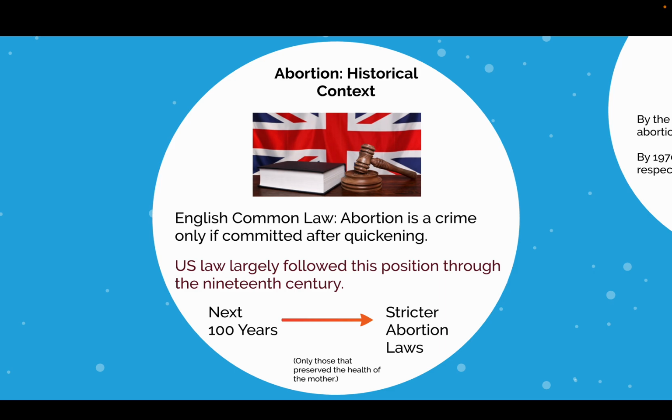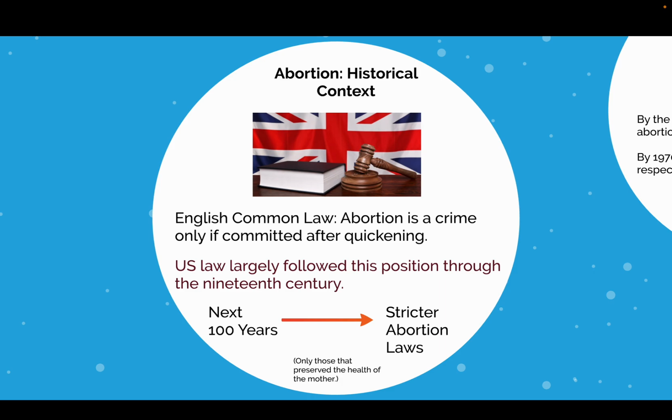And so U.S. law largely followed this position through the 19th century. And so we have views that after quickening, this is when personhood begins, and so this is sort of the cutoff period when an abortion is acceptable.